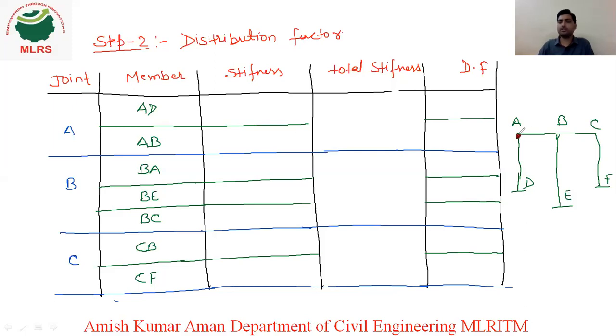From this joint, how many members are there? Two members, AB and AD. If you come to B joint, there are three members, BC, BA, as well as BE. At C joint, there are two members, CF and CB. So we have written all the things.